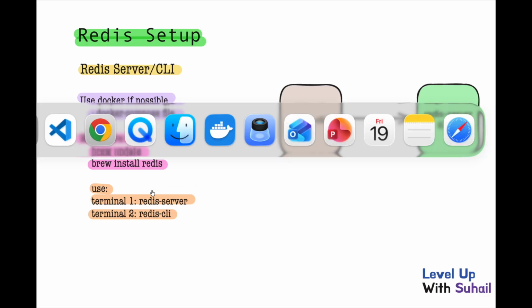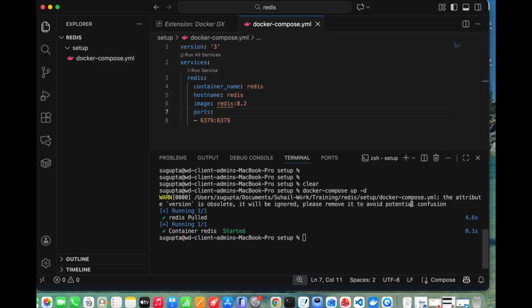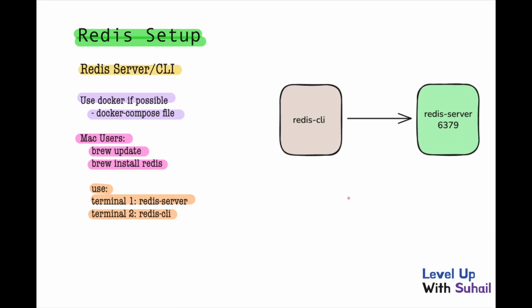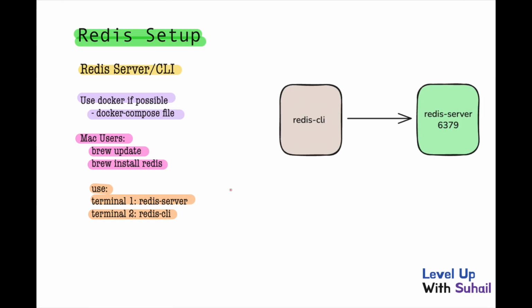Similarly, what we have done is, in terminal 1 we started up the Redis instance, so it by default spins up the server. To interact with the server, we just need to execute the command redis-cli. We entered the Redis CLI, issued the command ping, and got the response pong. So this is how we can install Redis, and now Redis has been correctly set up.